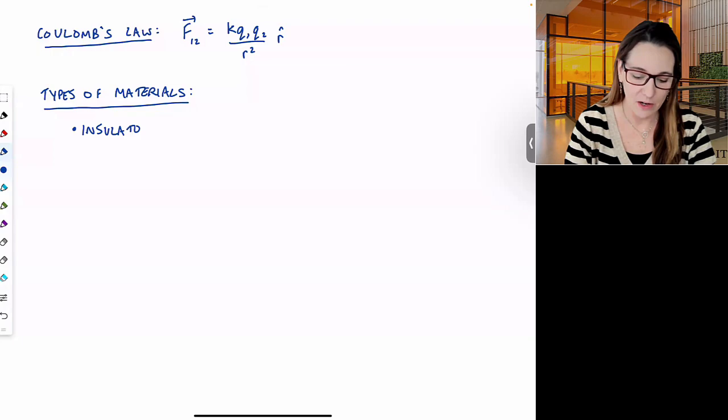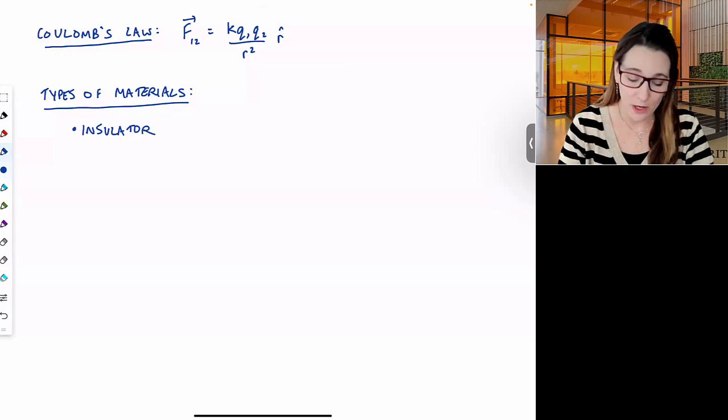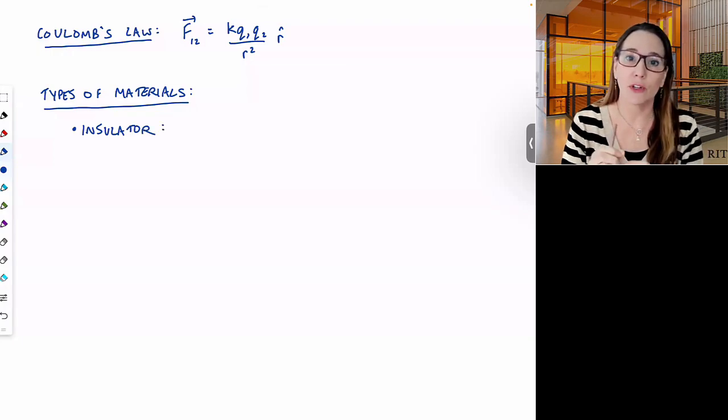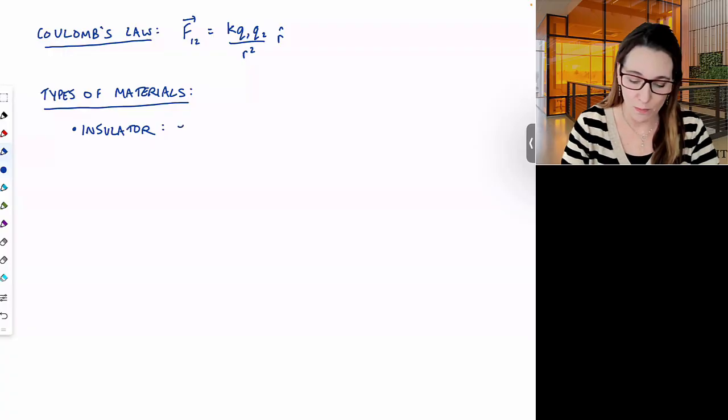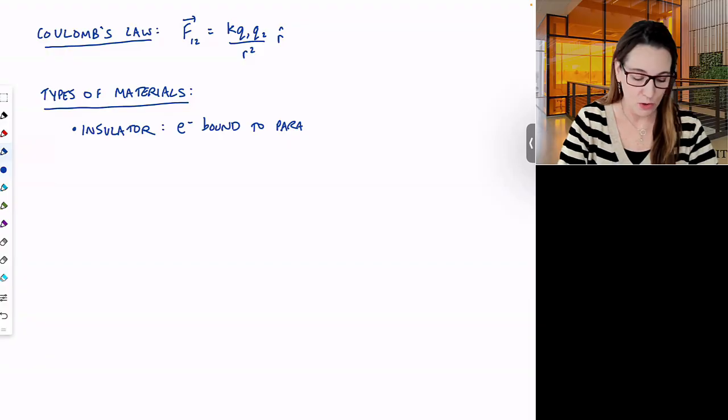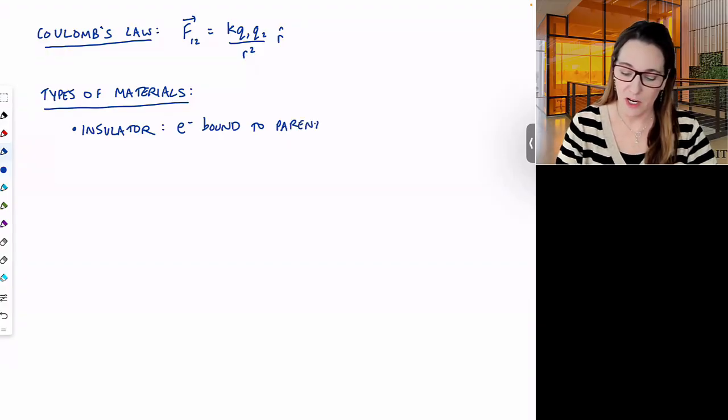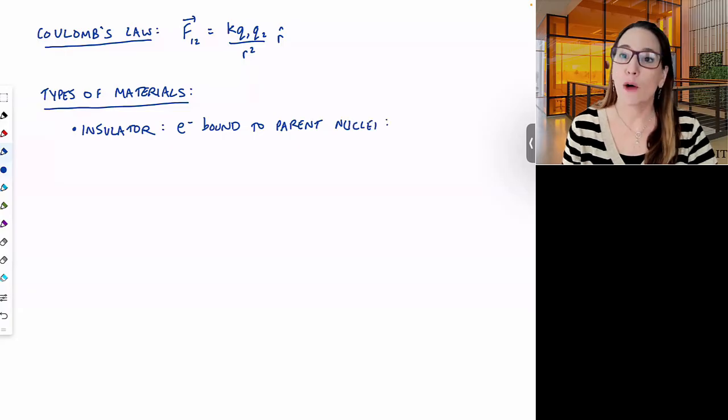An insulator is where the electrons in their atoms are bound to their parent nuclei.